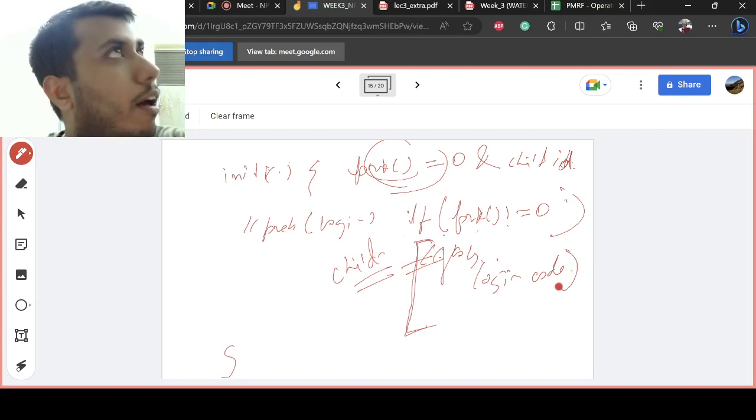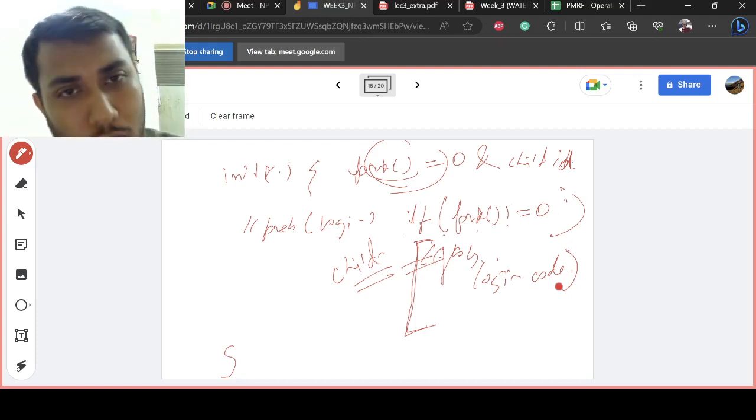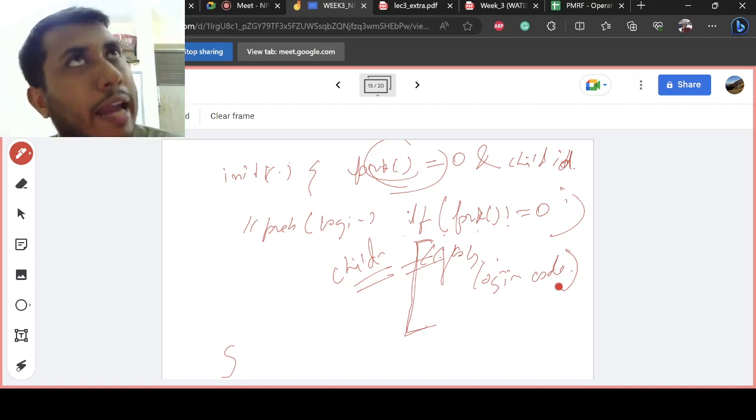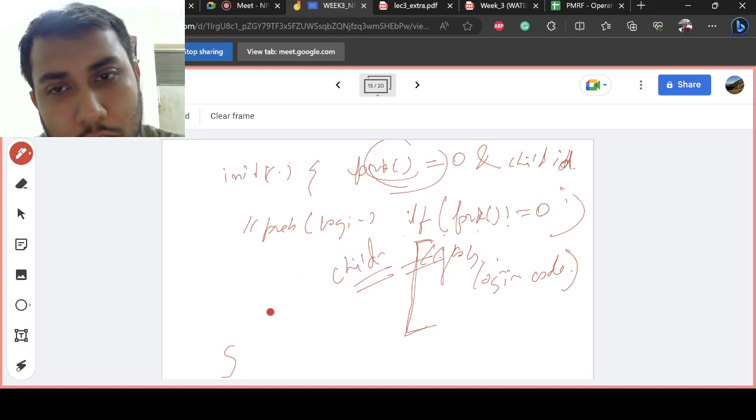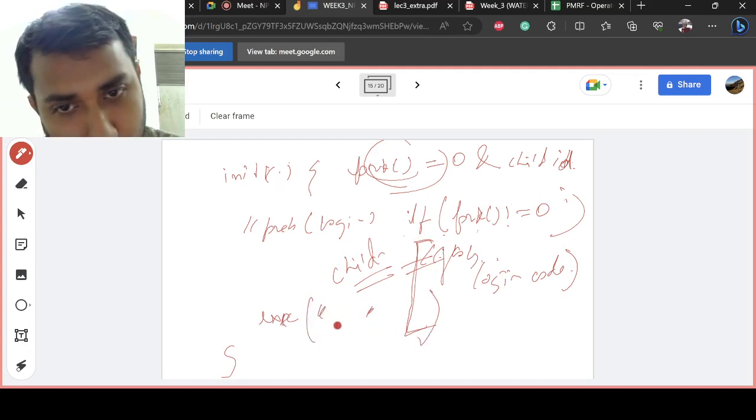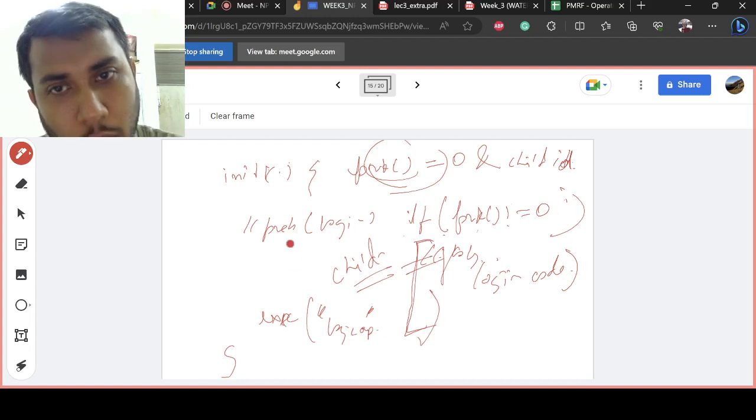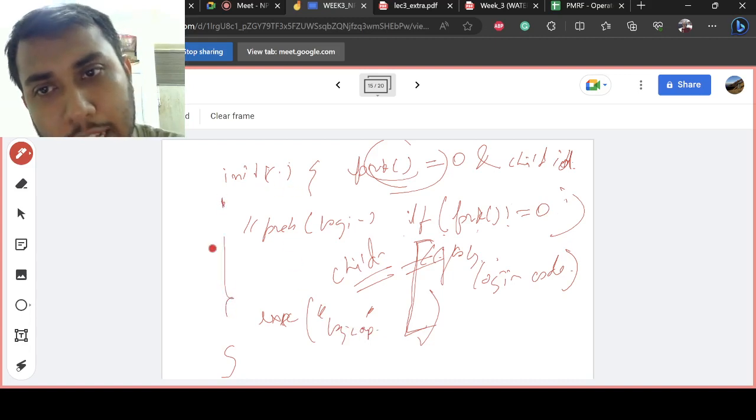Fork is one way of creating a process. Another way of creating a process is exec. The init process will start the login application from inside init. That is how a process is also created.